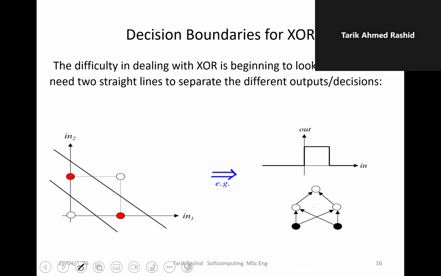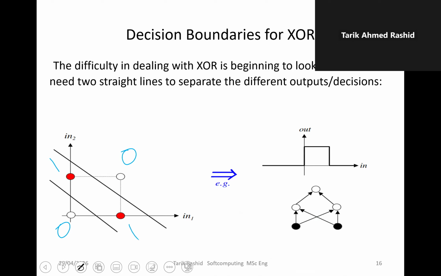And the problem is that we have 0, 0 is 0, and we have 1, 1 is 0, two classes, and we have 1, 0 is 1, and we have 0, 1 is 1. Here, the problem is that we have two classes, and no one hyperplane can divide or segregate these two classes.